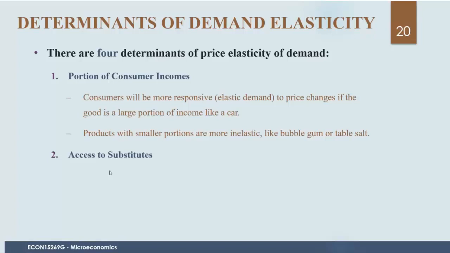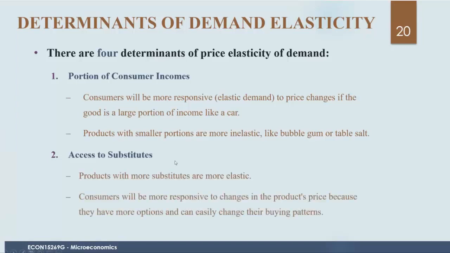But if it's something like electricity, where it's not easy to do without and there are no substitutes, then the demand is inelastic. So we're saying that for any percentage change in the price, the percentage change in the quantity demanded will be much less.